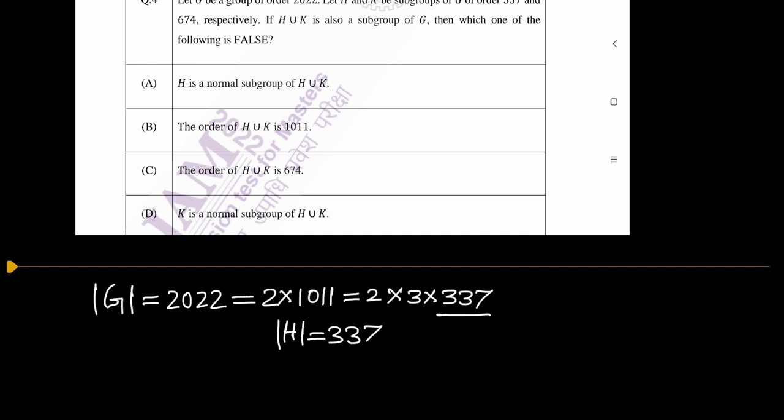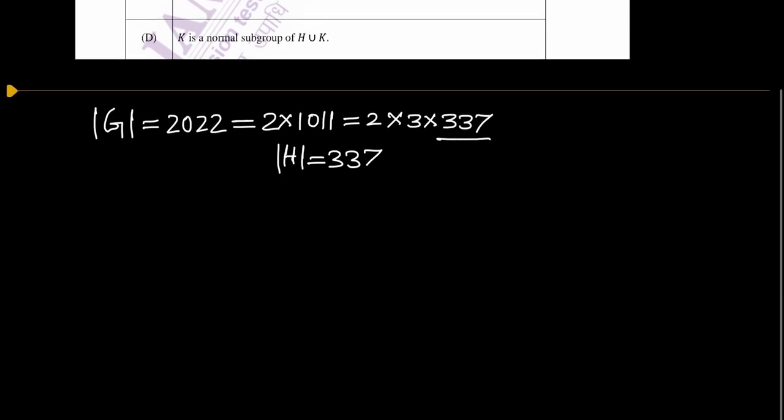Now since this is a prime number, we will find the number of such subgroups, I mean the number of those subgroups of G which have order 337. By the use of Sylow theorem we can find this.